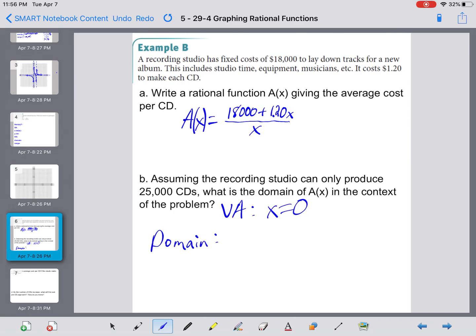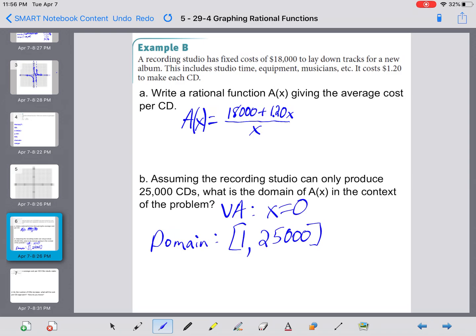We're assuming here that they'll at least make 1. So let's start at 1. Okay, we'll bracket that because that can be included. And let's go all the way to 25,000 CDs. Now, that's the highest amount we know they can make, so we're going to bracket that.